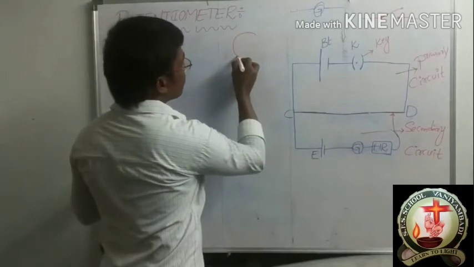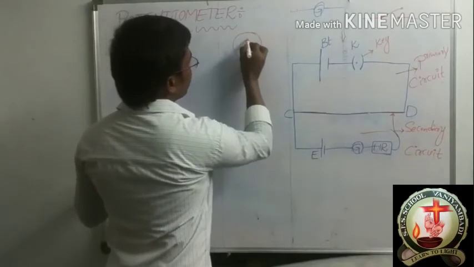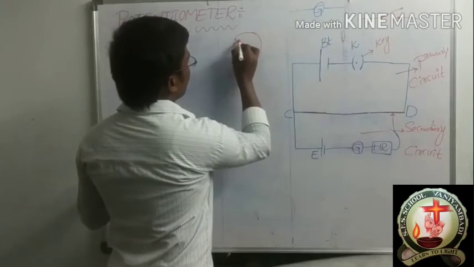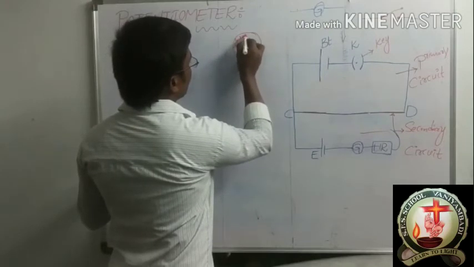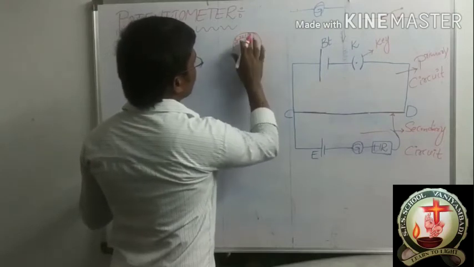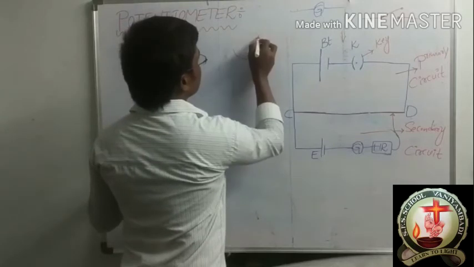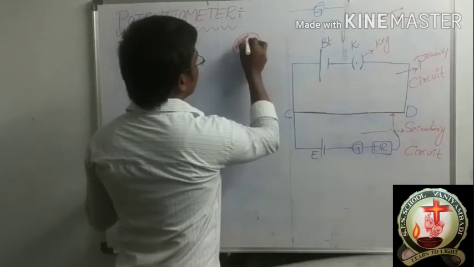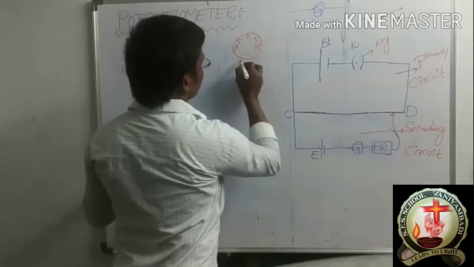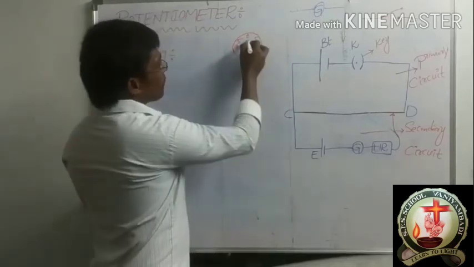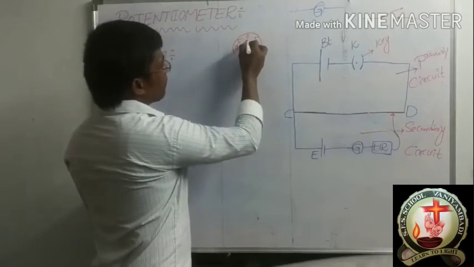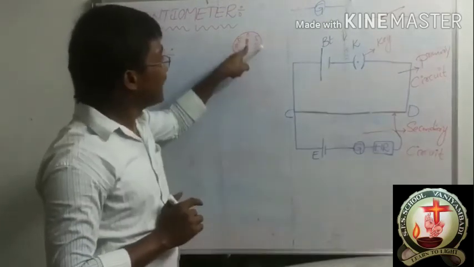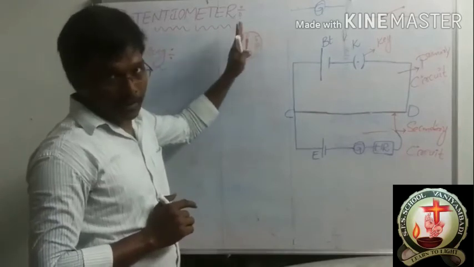Suppose this is 5, 4, 3, 2, 1, 0. Otherwise, you can write like this: 10, 5, 0, 5, 10. So this is the galvanometer symbol. That means this is the needle. This is the needle. Okay.